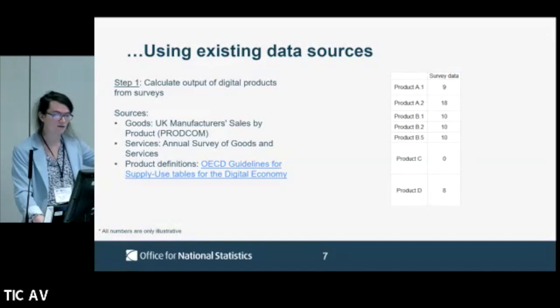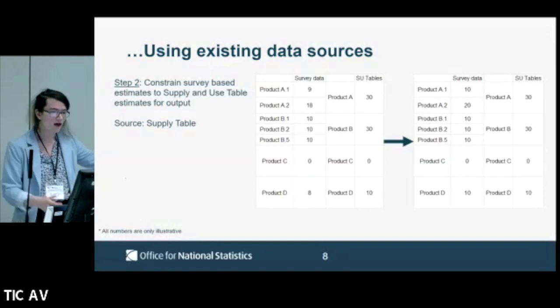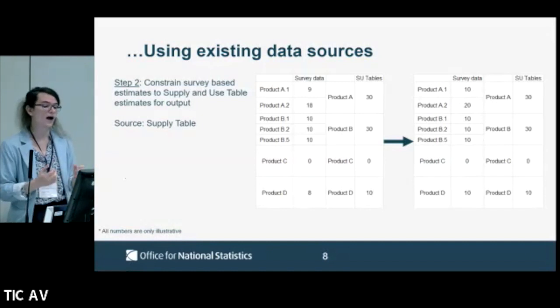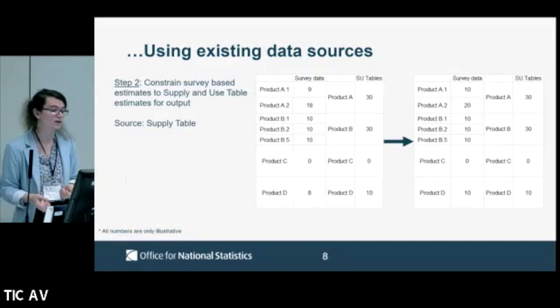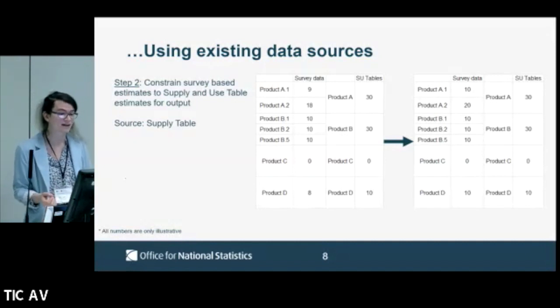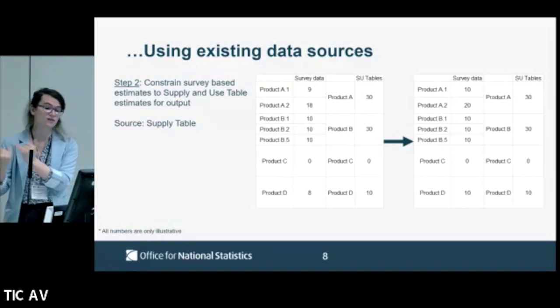We're taking those data as they come directly from the surveys, and then we're constraining them to more aggregate figures that we get from the supply and use tables, specifically the supply table. Again, on the right-hand side, we're merging on those aggregates from the supply tables and constraining our numbers.